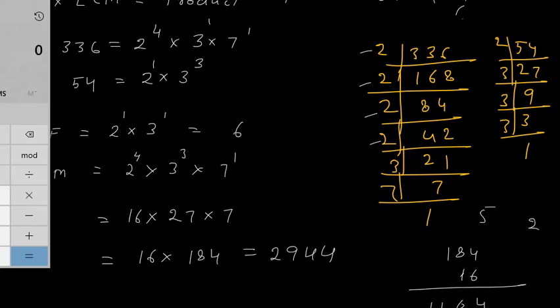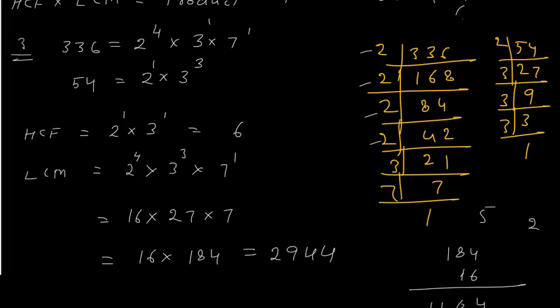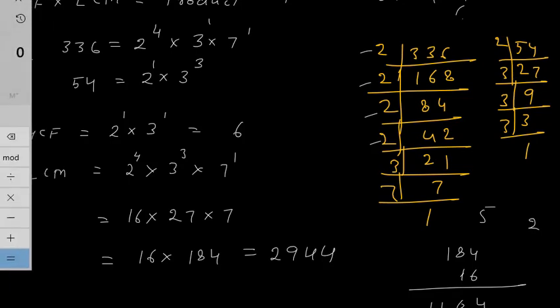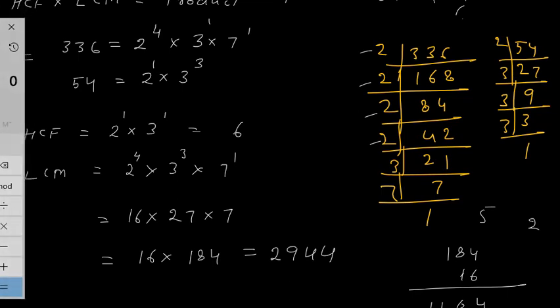This is also perfect. Okay, HCF is 2 into 3, 2 power 1 into 3 power 1 is my HCF. Okay, and LCM, it is 2 power 4, that is 16, multiplied by 3 cubed, 27, multiplied by 7.